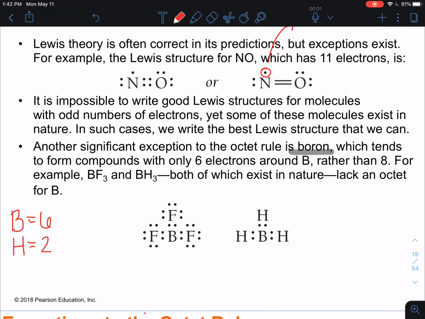Hydrogen only likes to have 2. And because boron likes to only have 6 electrons associated with it, BH3 and BF3 are examples of compounds that exist in nature. You'll see here that in BH3, boron only has 6 electrons associated with it, but it's completely content with that.